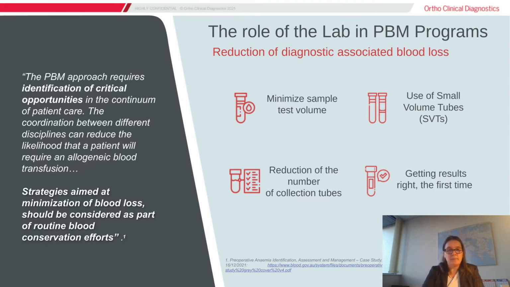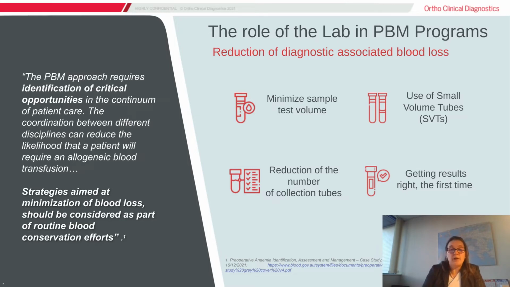A key element of PBM is prevention of blood being unnecessarily drained from patients by reducing phlebotomy blood loss within daily lab analysis. This can be achieved in different ways, but here I want to highlight 4 of them. First of all, minimizing sample test volume. Secondly, when sampling blood, phlebotomists should use the smallest possible collection tube size for the required analysis.